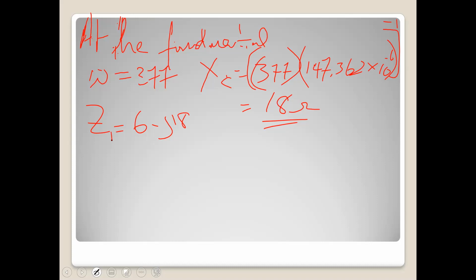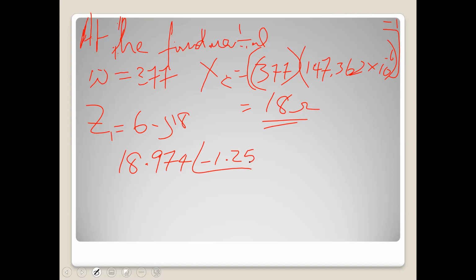We get 18.974 at an angle of minus 1.25.